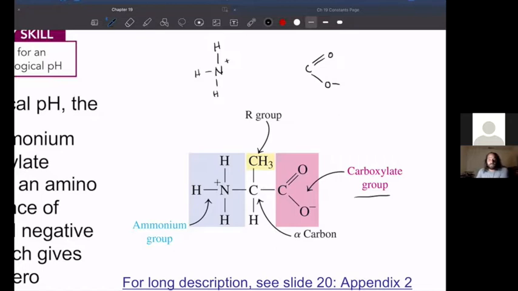Around that physiological pH, it will actually be an ammonium ion. So amino acids are kind of a misnomer. They should really be called ammonium carboxylates or something like that, but people didn't really appreciate this back when it was being named. But it is something that we have to know and to consider.